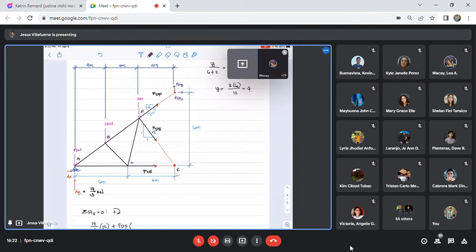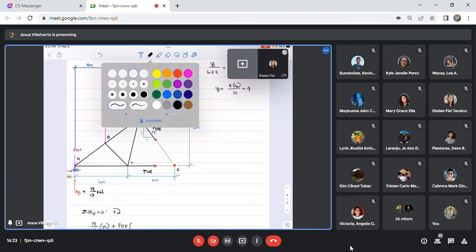You can also place it over there. FDY or FDX, same value. But where should we put it, in the middle or at joint F?